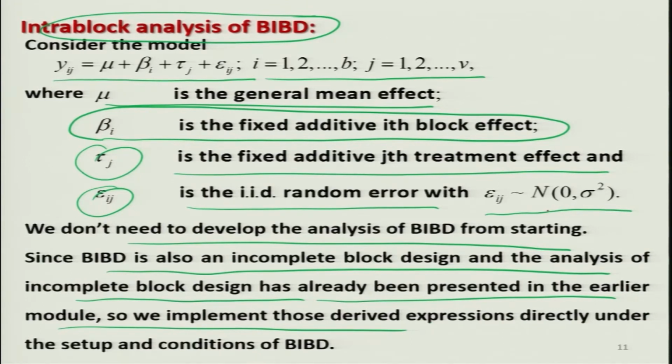So, we implement those expressions that we had already found directly under the setup of this BIBD, using the conditions imposed for BIBD, like bk = vr, lambda(v - 1) = r(k - 1), and b ≥ v.